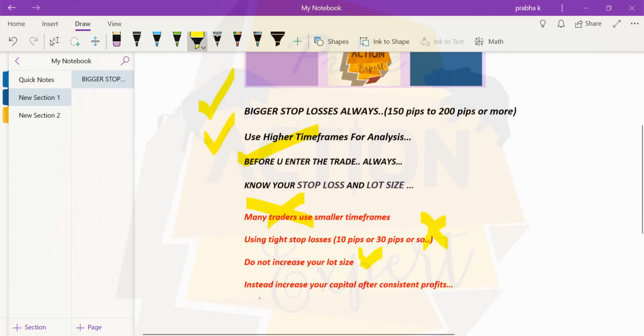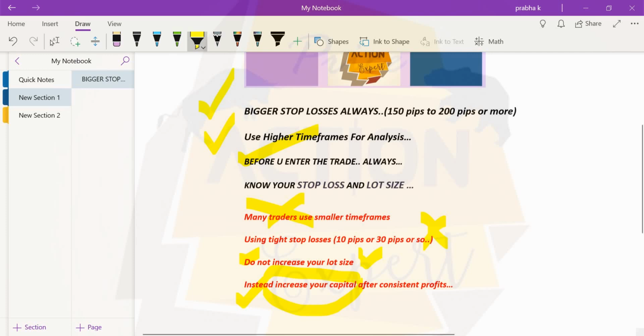See here. The next point is that you should increase your capital. Don't increase your lot size. Actually, you should increase your capital. That means if you are able to make 5% to 10% in a month consistently, or in a year, if you are able to make 50 to 60%, you are invested in $10,000.